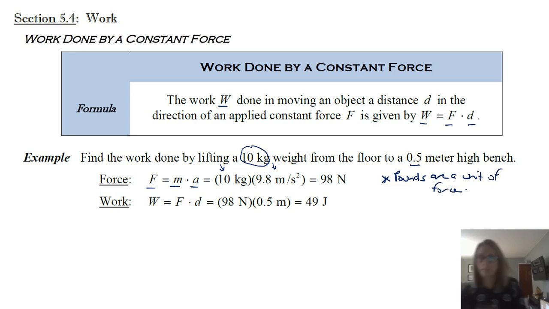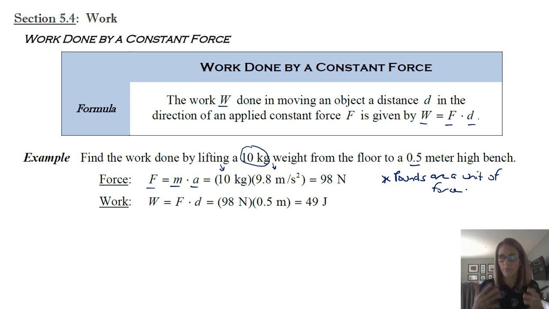So what that means is if you're given something in pounds, so if I were to ask the same question, but I was to say find the work done lifting 20 pounds from the floor to a 3 feet high bench, and I have everything in US units, then I don't need to multiply by acceleration, because for pounds, they are already a unit of force. So it's already the mass times acceleration is being done.